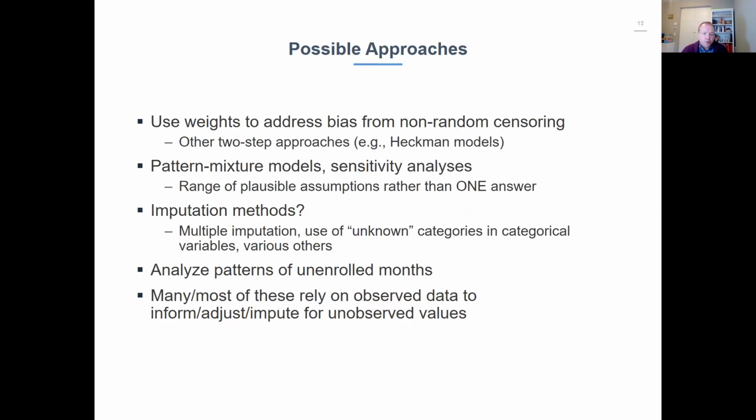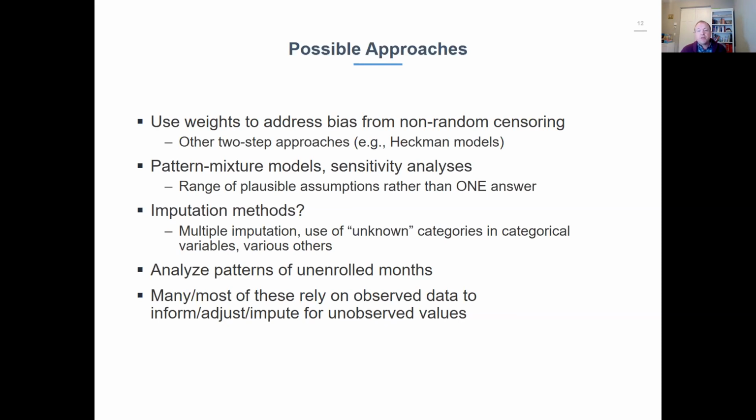So, possible approaches: certainly people just clean the data by applying that particular criterion, but just to throw out there, this is a censoring issue. And so there are a lot of different approaches to censoring and missing data that are possible. And again, we're not endorsing any particular one or saying that requiring the 12 or 6 month criterion is wrong.